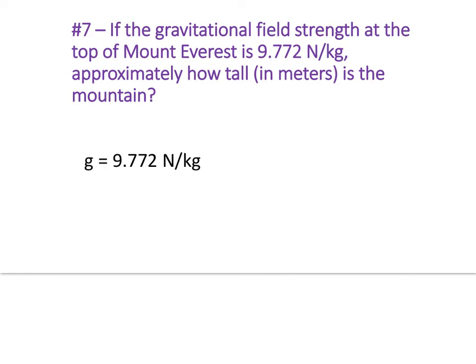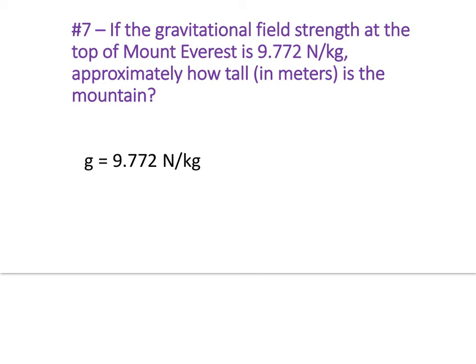Now it gives you this 9.772 newtons per kilogram. That's little g. That's the acceleration of gravity towards the ground at the top of Mount Everest. Notice how this is really close to the 9.8 that we've been using in class, or even the 10 that we've used for gravity on Earth.